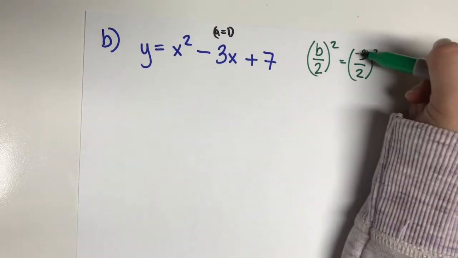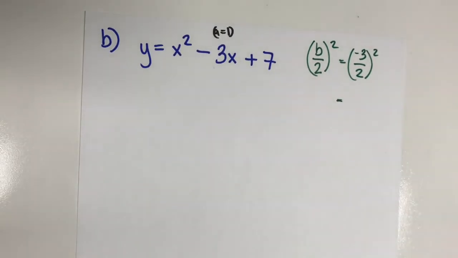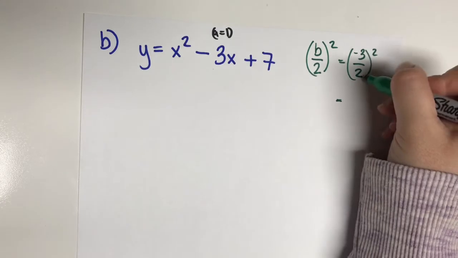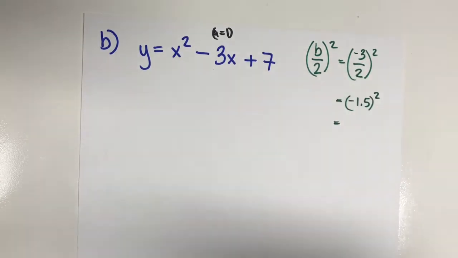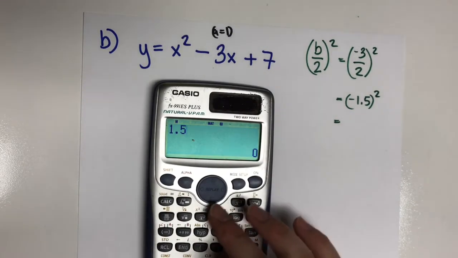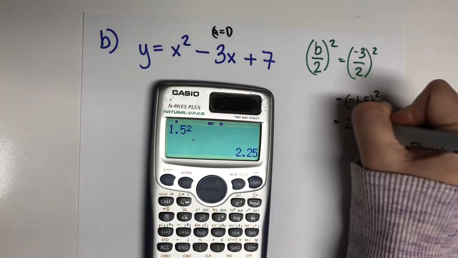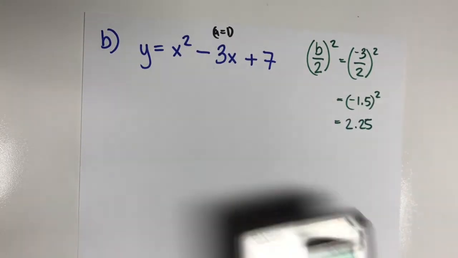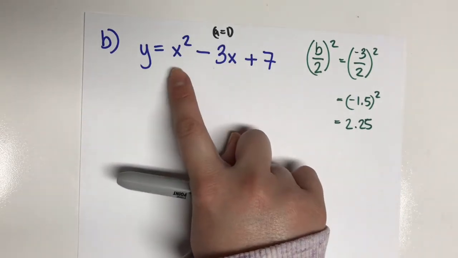I really don't need to write the negative sign here because it's going to be squared anyway, so it's going to become positive, but that's okay. So negative 3 divided by 2 is negative 1.5, squared. When I put that into a calculator, positive or negative doesn't matter. When you're squaring it, the answer is positive. You get 2.25.